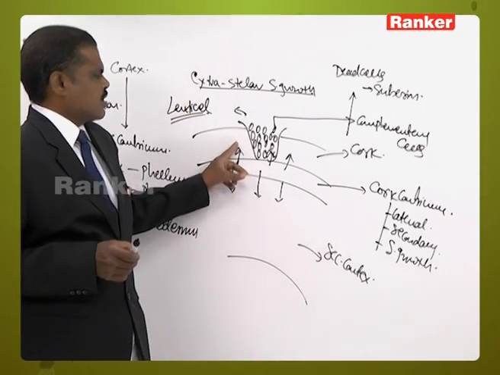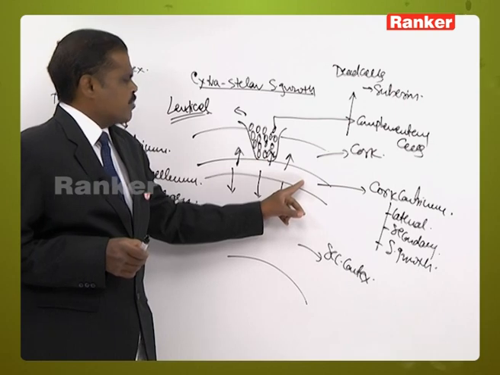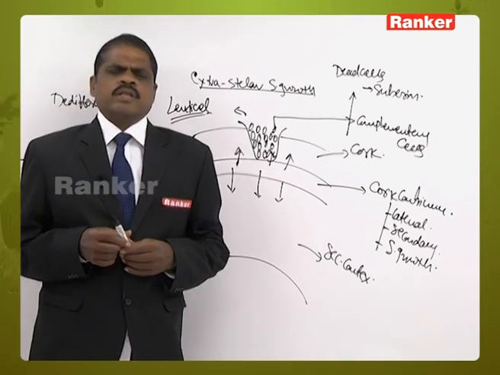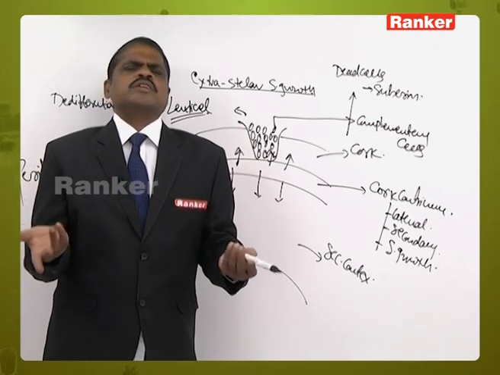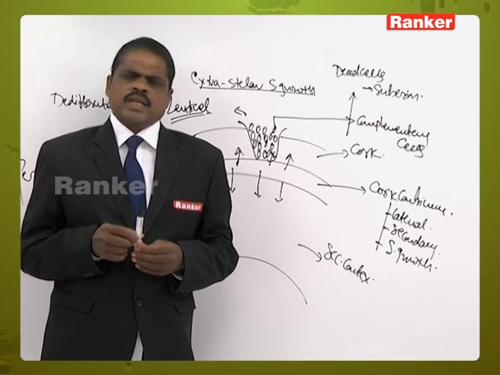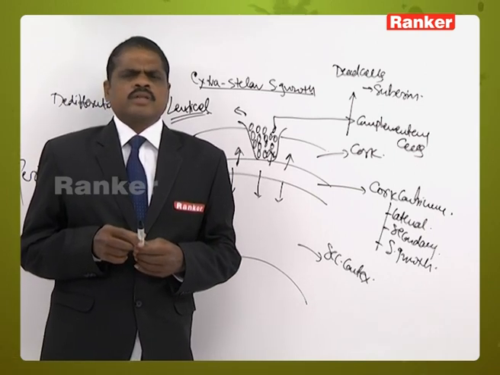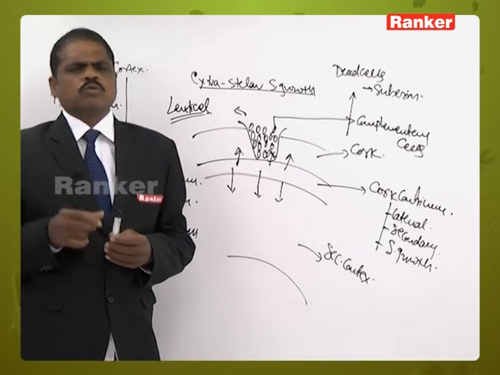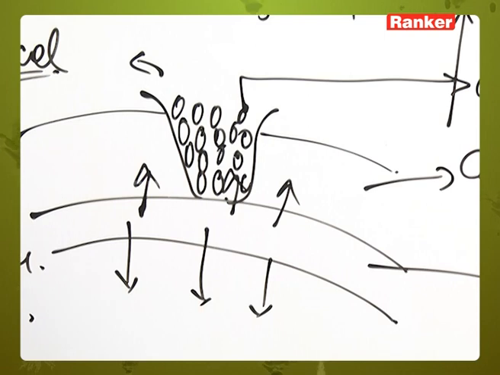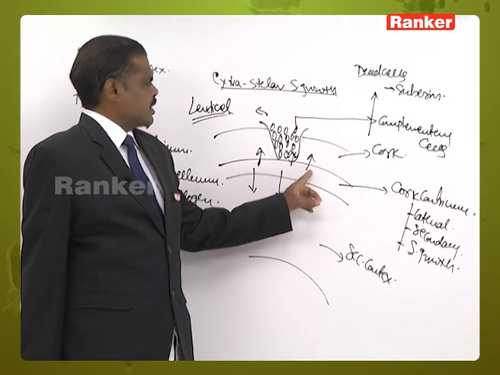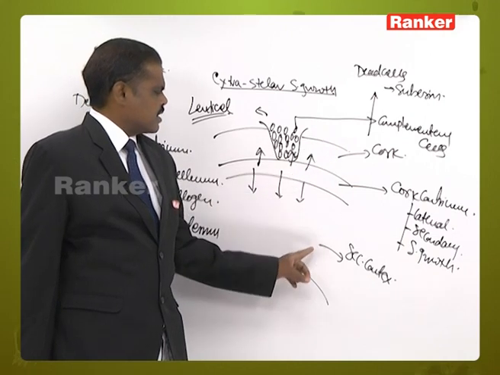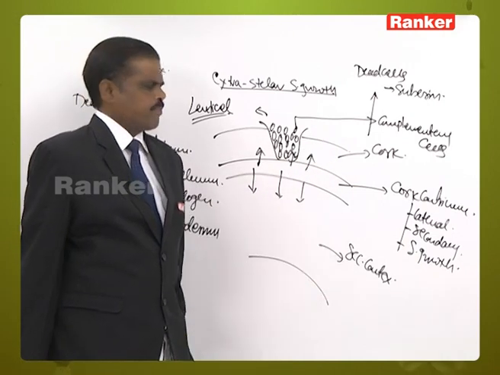That is about cork. Next, cork cambium, also called phellogen. All of you know very well, it is the meristematic tissue dividing periclinally, mitotically, and producing secondary cortex towards the inner side and cork towards the outer side.